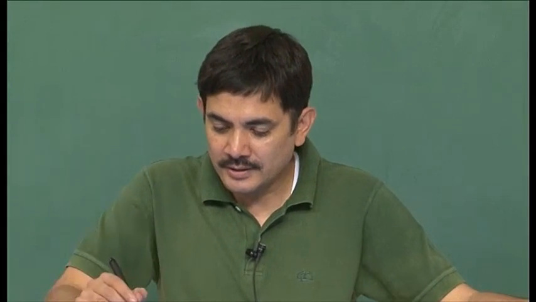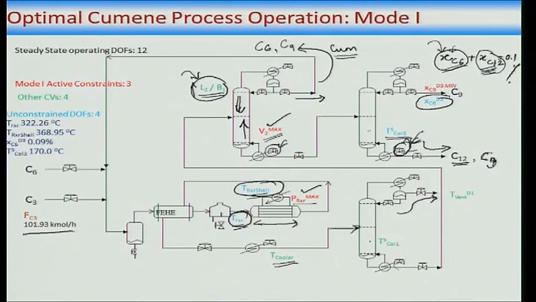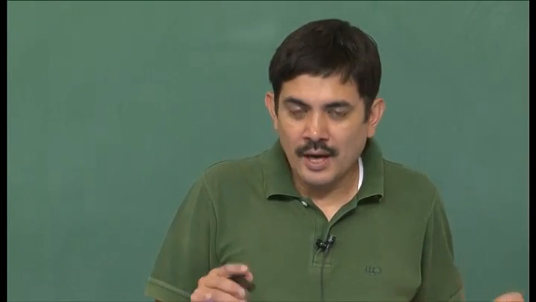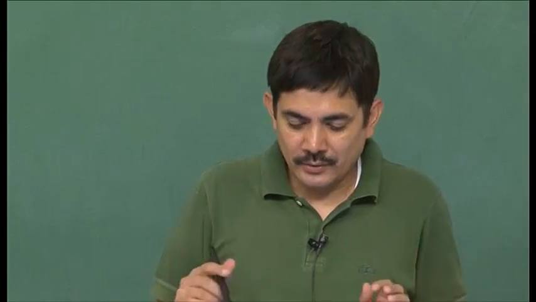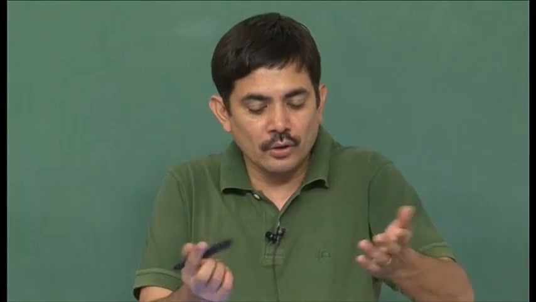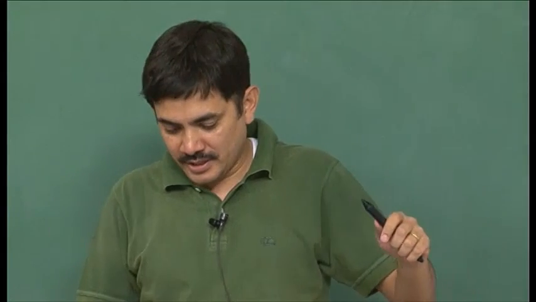Since I do not want that, this X C6 has to be chosen properly, and it turns out that if you have X C6 and X C12 comparable, then you are at the right balance where this is not blowing up or this is not blowing up. So, that is why X C6 is important. I have explained the 4 things that needed to be explained. So, 8 degrees of freedom were taken care of, and now I explained 1, 2, 3, 4 other things that need to be taken care of. That has taken care of all the 12 steady state degrees of freedom.